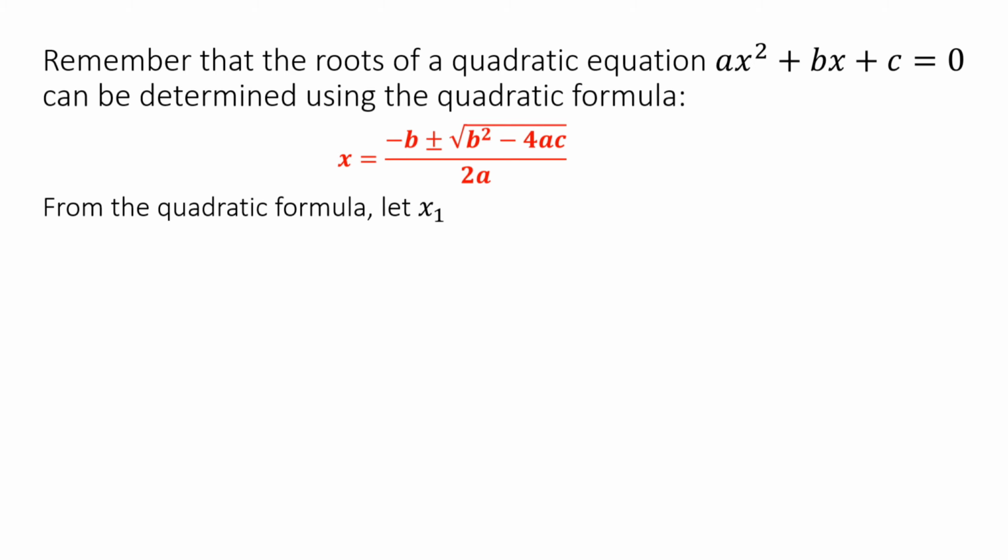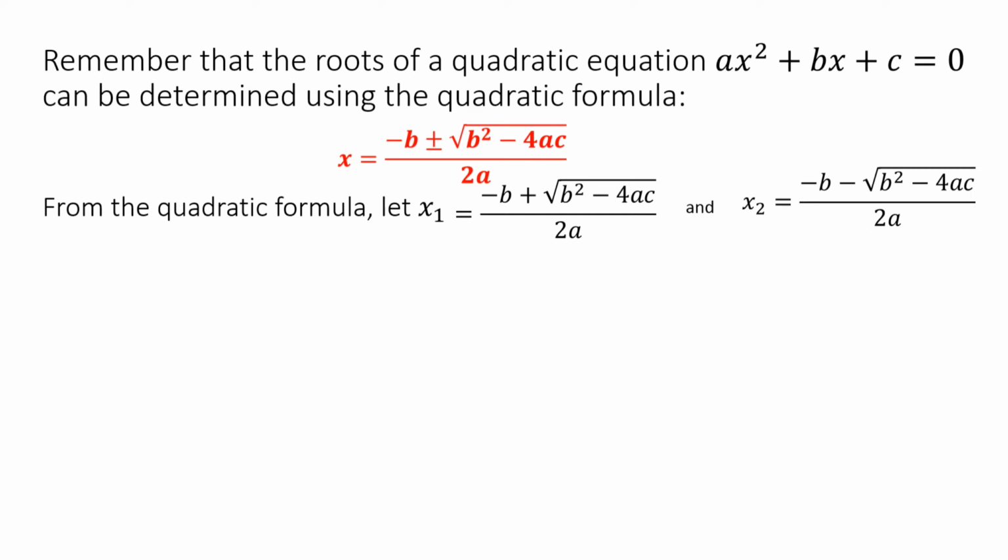From the quadratic formula, let x sub 1 be equal to negative b plus square root of b squared minus 4ac all over 2a, and x sub 2 equals negative b minus square root of b squared minus 4ac all over 2a. So we separated the plus and minus in the formula to have the roots of the quadratic equation. So ito yung represent natin with the roots of the quadratic equations.